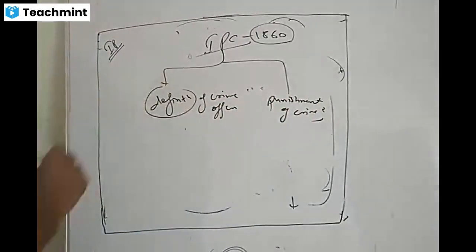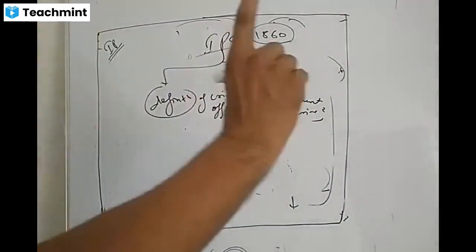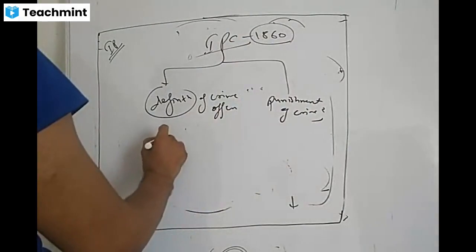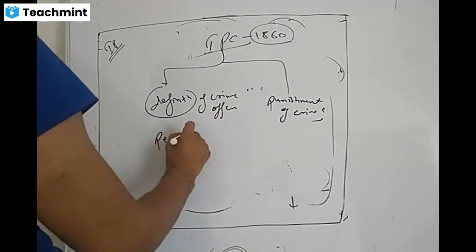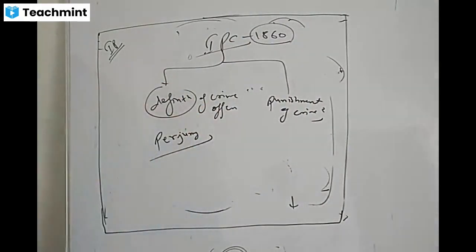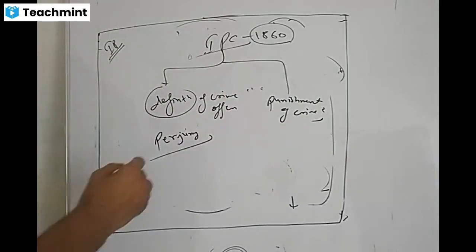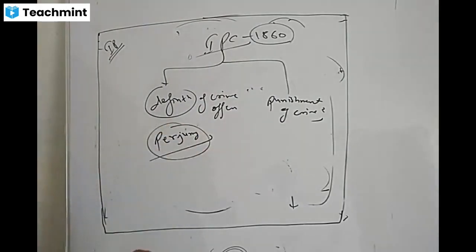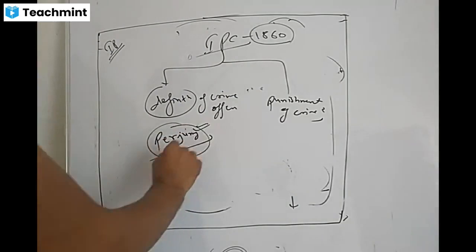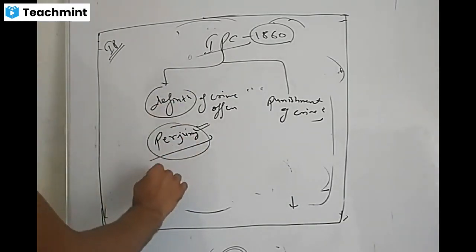So what is the meaning of definition and what is the meaning of punishment? There is a term perjury. Perjury means giving something false, telling a lie, or presenting false evidence under oath. That is your perjury. The definition of perjury is given.